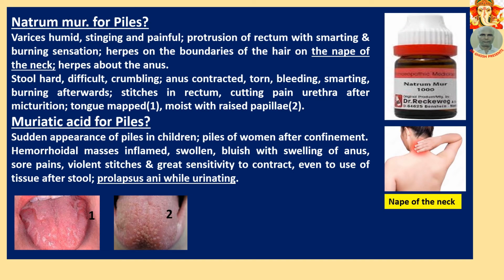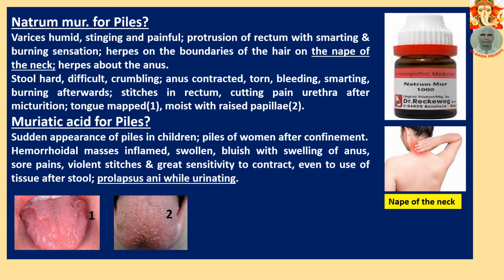Natrum muriaticum for piles. Varices humid. Varices means actually the hemorrhoidal tumors. Stinging and painful, protrusion of rectum with smarting and burning sensation. Herpes on the boundaries of the hair of the nape of the neck. Herpes about the anus. Stool hard, difficult, crumbling. Anus contracted, torn, bleeding, smarting, burning afterwards.